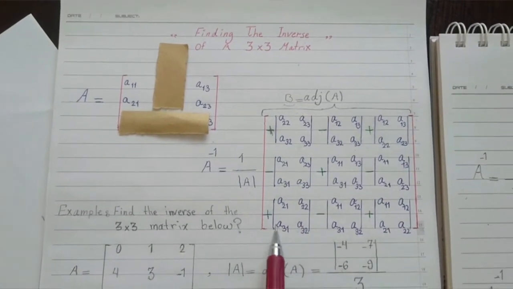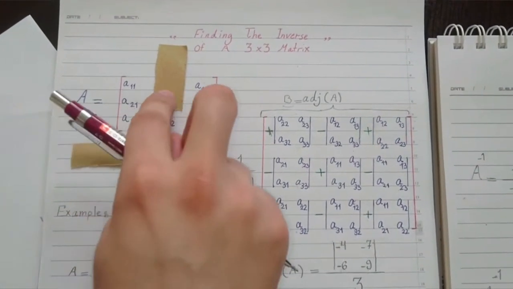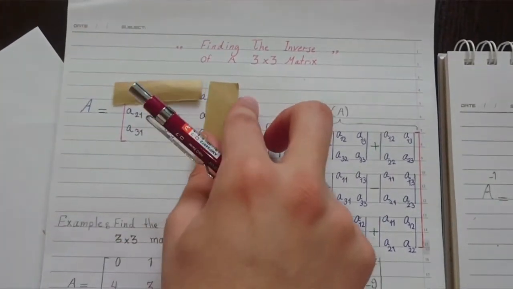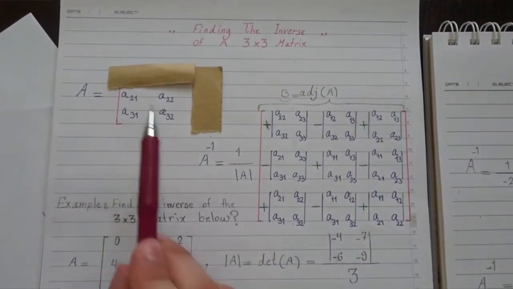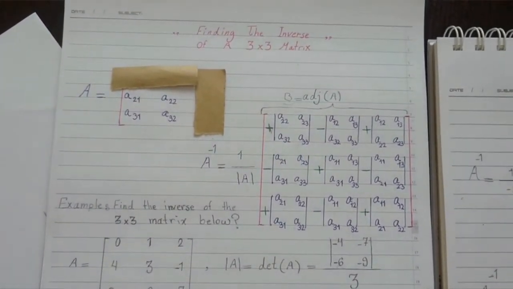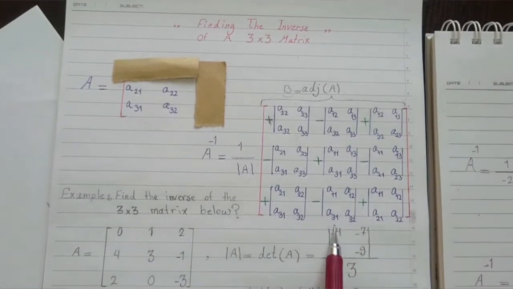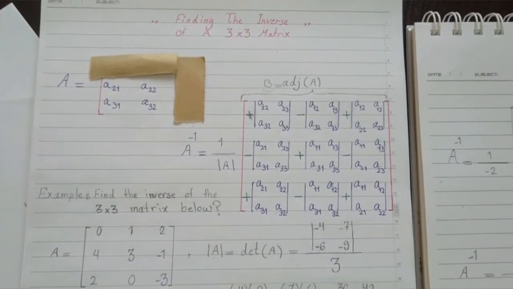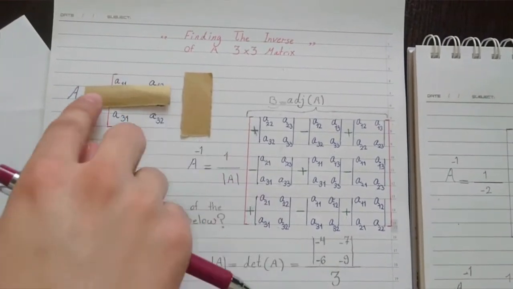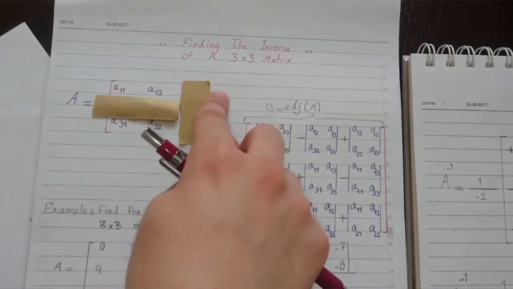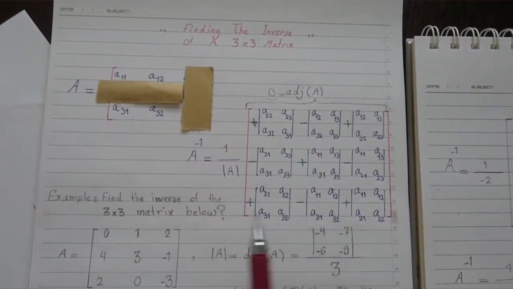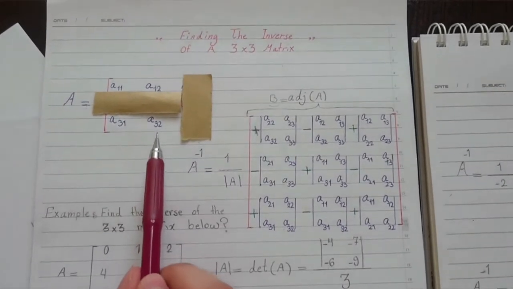And entry B sub 3 1 is equal to the determinant of the matrix after ignoring the third column and the first row, which is going to be A2 1, A sub 2 2, A sub 3 1, and A sub 3 2. And entry B sub 3 2 is equal to the determinant of the matrix after ignoring the third column and second row, which is going to be A sub 1 1, A sub 1 2, A sub 3 1, and A sub 3 2.